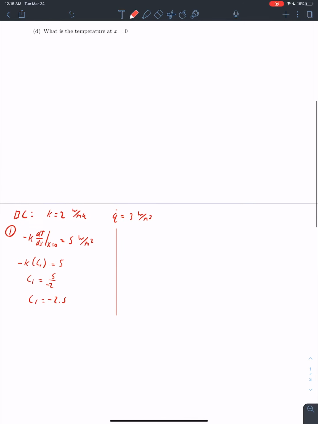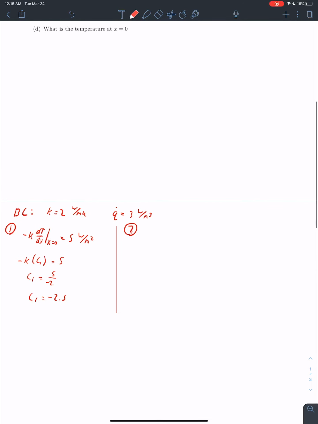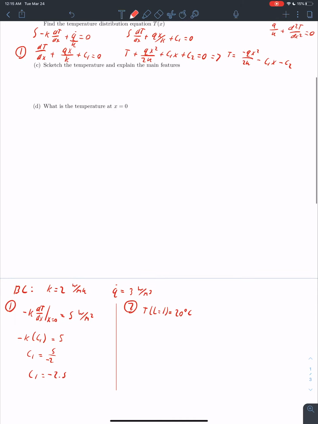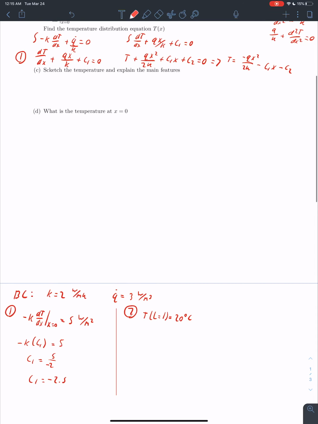So we'll consider the second boundary condition. The temperature at a length of 1 is equal to 20 degrees Celsius. And we'll use the temperature distribution equation that we saw earlier. So T is equal to negative Q x squared divided by 2k minus C1x minus C2.